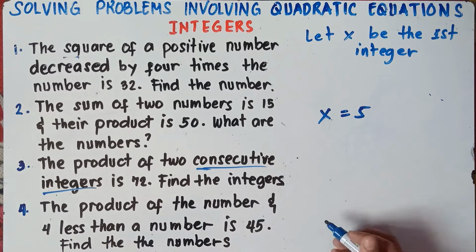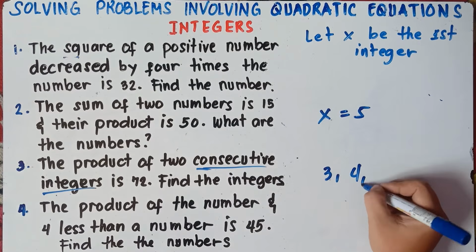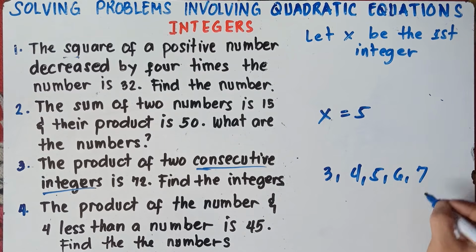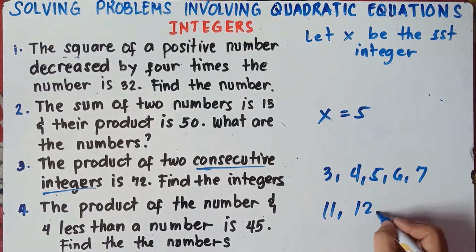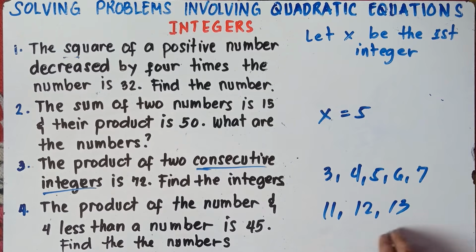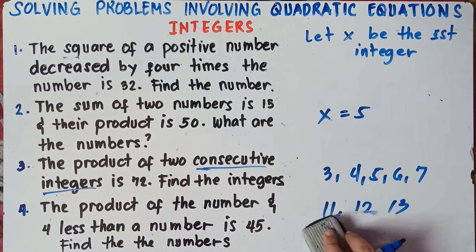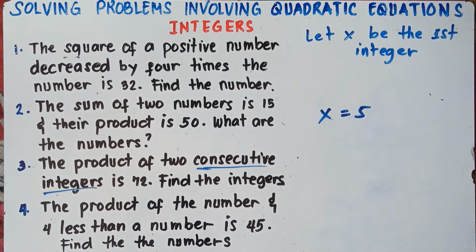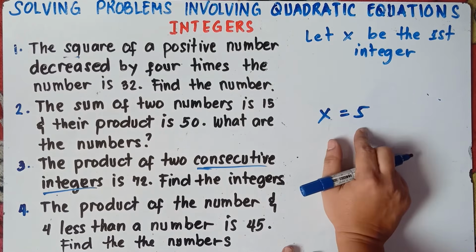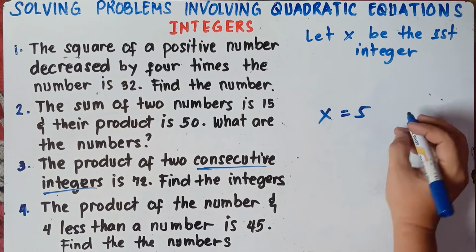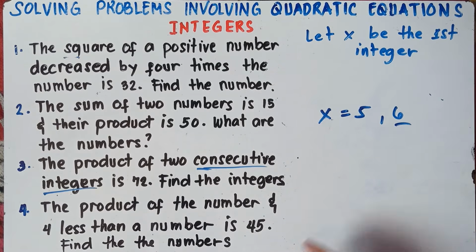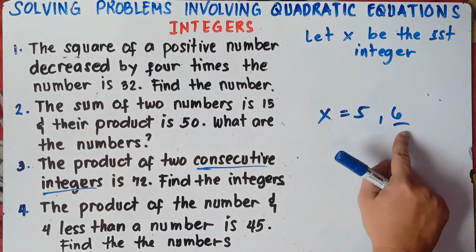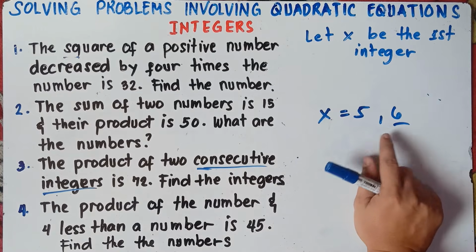So, consecutive numbers, class, for example, 3, 4, 5, 6, 7, 11, 12, 13. These are consecutive numbers, one after another. If your x is 5, what would be the next number, class? Of course, that would be 6, right? How will you get 6?